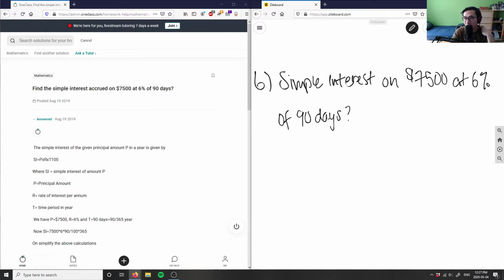So when we talk about simple interest, on a test you usually get a formula sheet with the simple interest, future value, and annuity formulas. You get all of these formulas on a sheet, right?